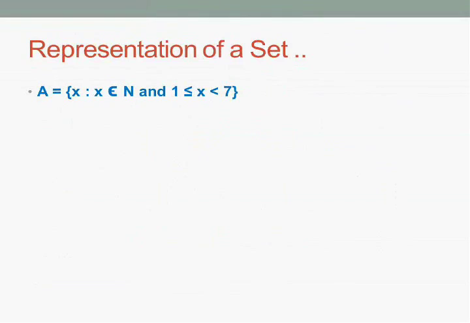It is read as A equals the set of all x such that x belongs to natural numbers and 1 is less than or equal to x which is less than 7. Sometimes a vertical bar is used instead of a colon, which also means the same.